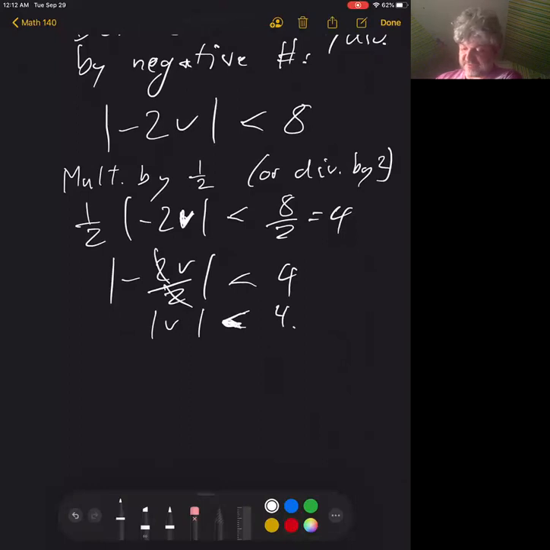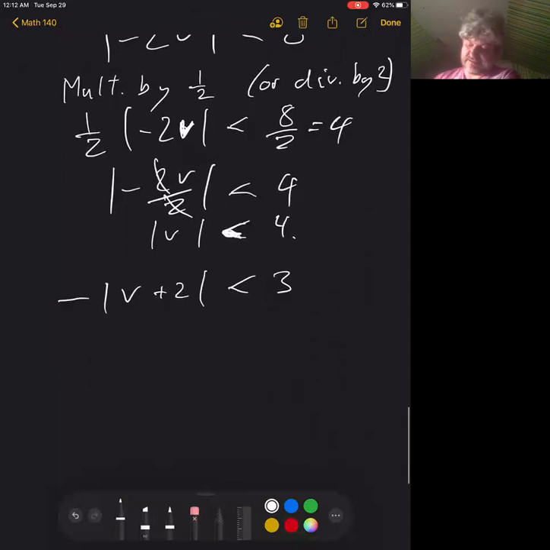But now let's really do something with a negative on the outside of the absolute value. How about this? Here we really might want to multiply both sides by -1.